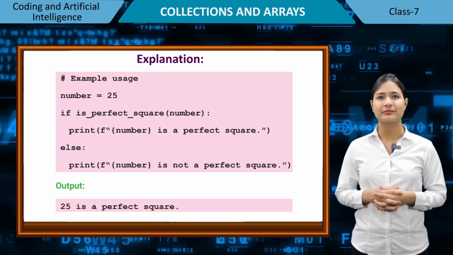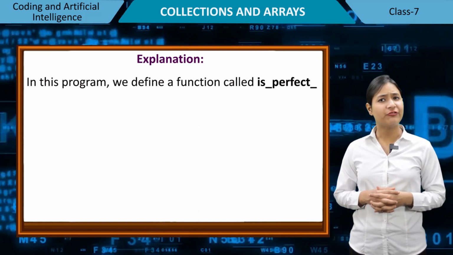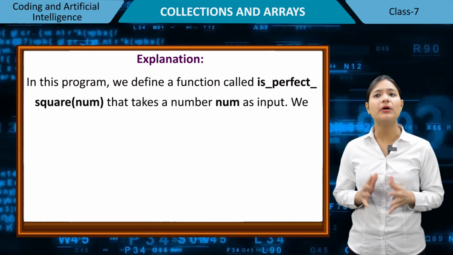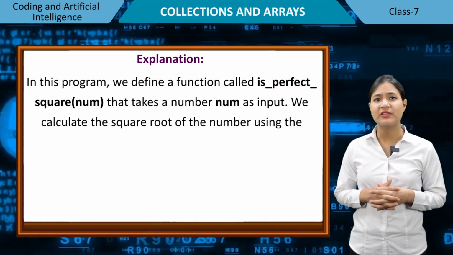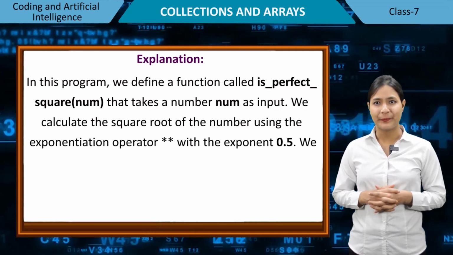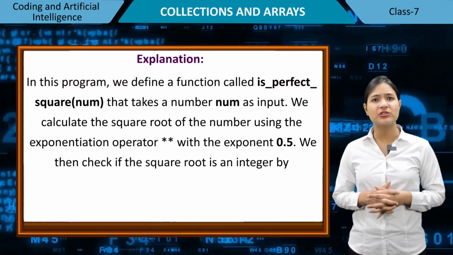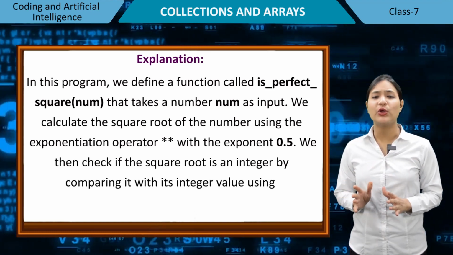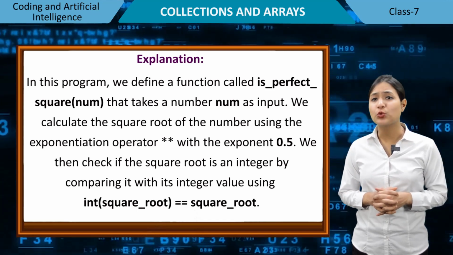Output. Explanation. In this program, we define a function called isPerfectSquare(num) that takes a number num as input. We calculate the square root of the number using the exponentiation operator with the exponent 0.5. We then check if the square root is an integer by comparing it with its integer value using int(squareRoot) == squareRoot.